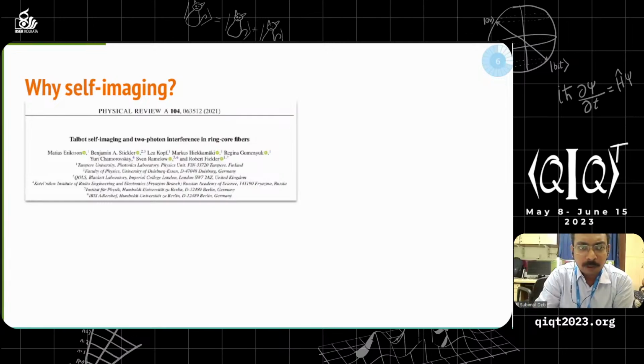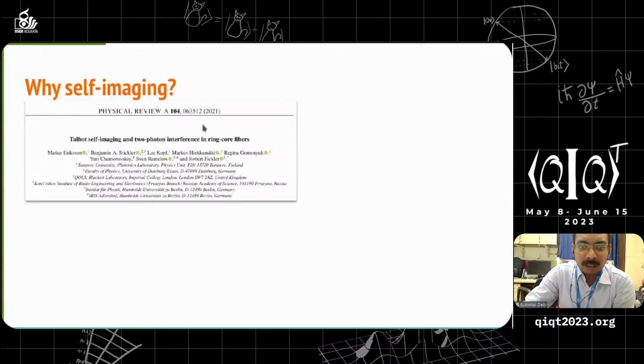So to put the study of self-imaging in context of this conference of QIQT, or even the use with quantum technologies, I'll cite this relatively recent PRA paper by Erickson et al., who studied Talbot self-imaging, and they observed this 2-photon interference in ring core fibers.